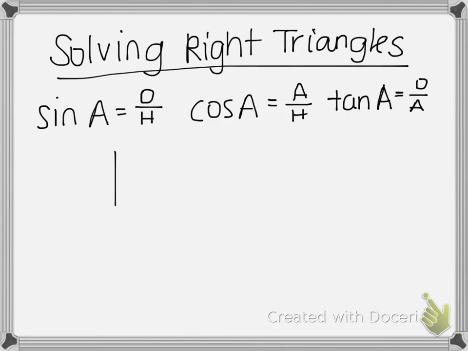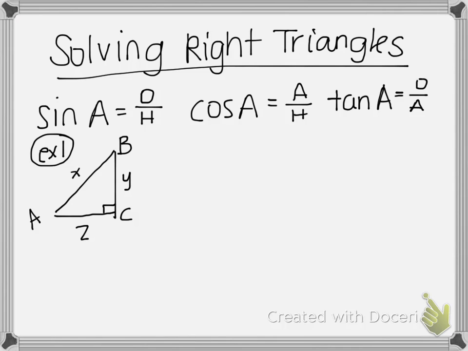Now, just as a reminder, if we were to have a right triangle such as this, our first example, and let's say that we have angles A, B, C, and side lengths of, let's just say, X, Y, Z. Well, for sine, we're going to go ahead and just go from angle A. So sine of A is going to be our opposite side over our hypotenuse.